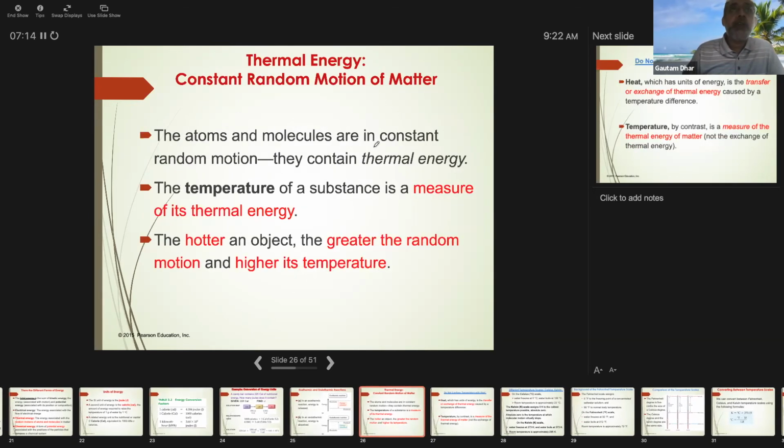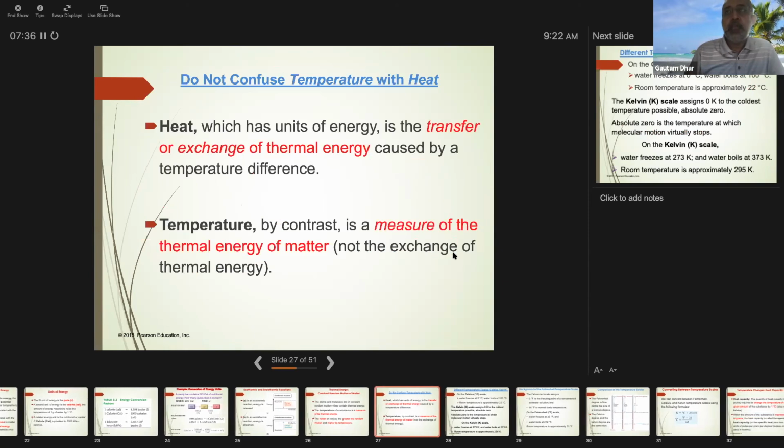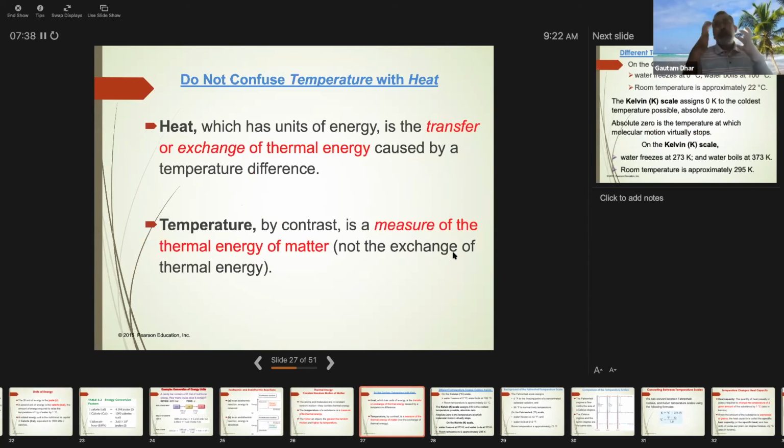The atoms and molecules are in constant random motion, and that's what we call the thermal energy. Temperature is basically an average of that thermal energy. The hotter the object, the greater the random motion, the vibration, the higher the temperature. When heat flows, you can think of a waterfall.